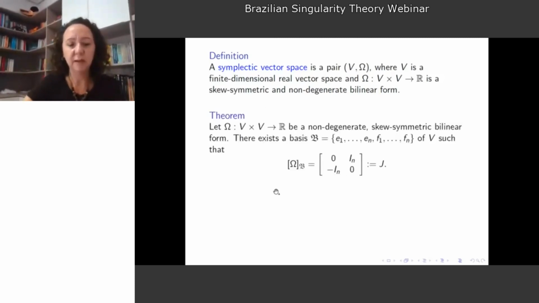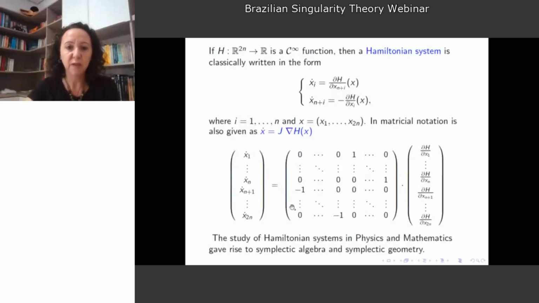There is a classical result in this theory that says that if you have a bilinear form that is non-degenerate and skew-symmetric, there exists a basis of the vector space such that the matrix of this bilinear form is exactly the matrix J, the same matrix that appears in the classical definition of Hamiltonian systems.